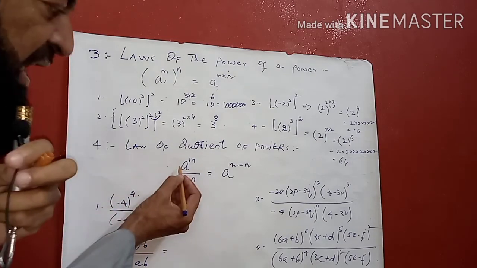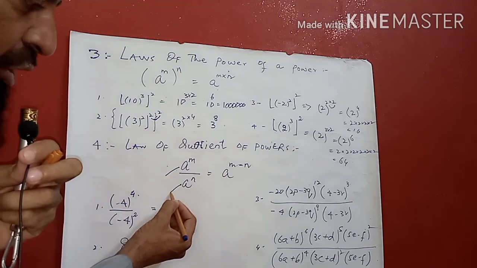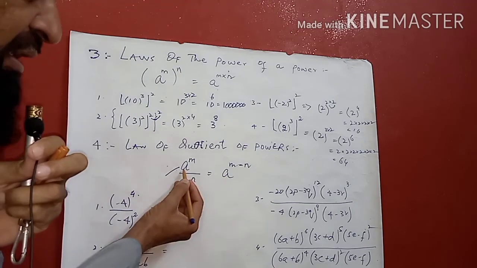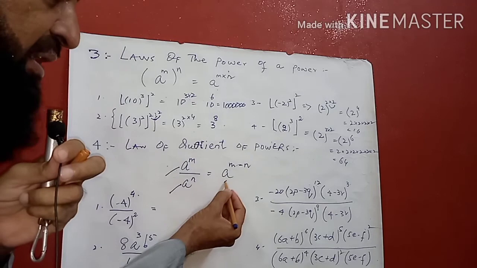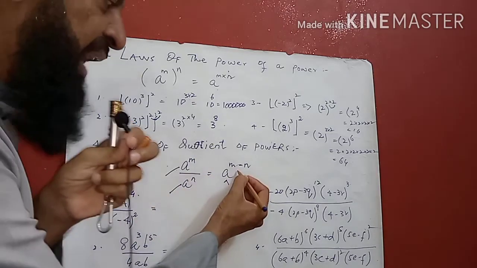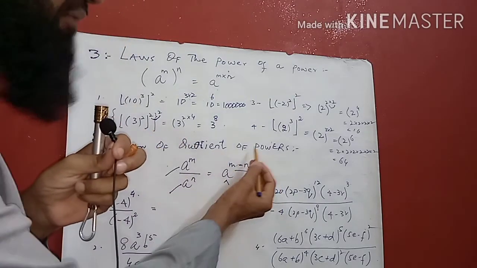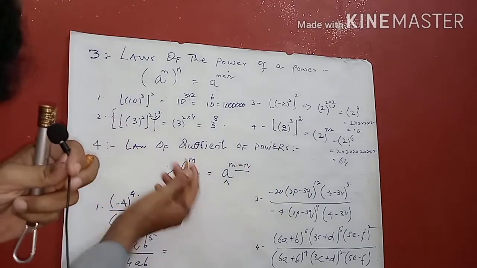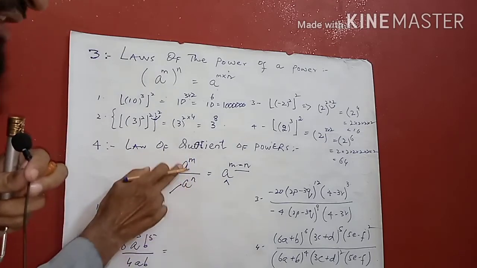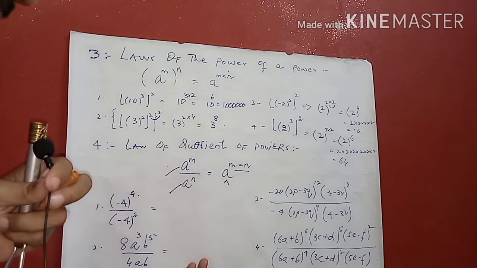That means A is the base in the numerator and in the denominator A is also the base. We write the base a one time and m raised to power minus n. This is the law of quotient of the powers. If the quotient has the same base, we subtract the powers.